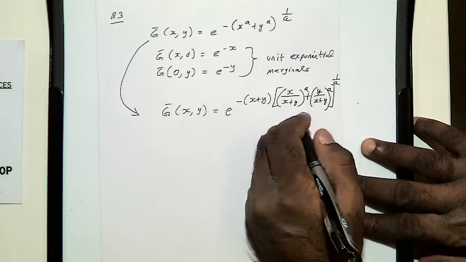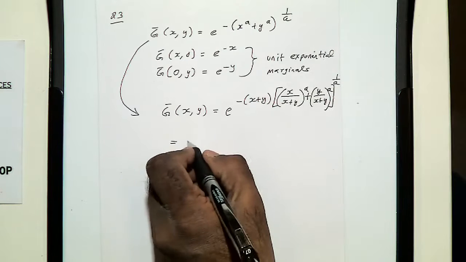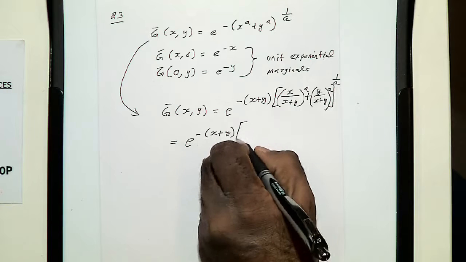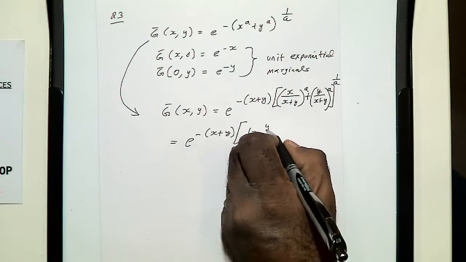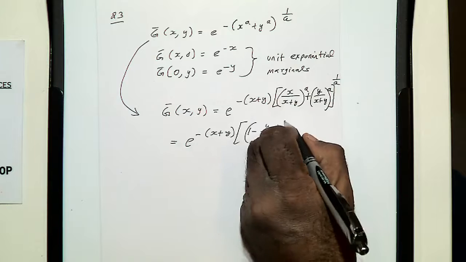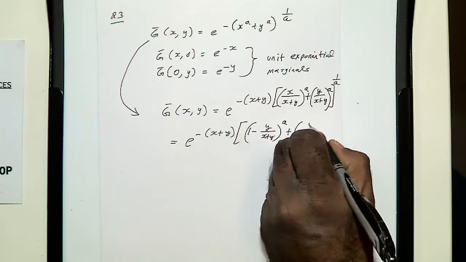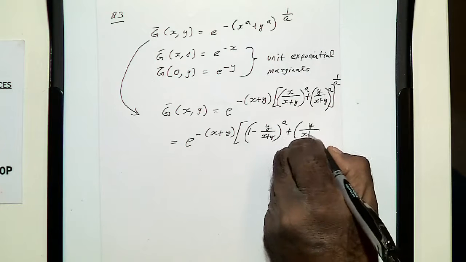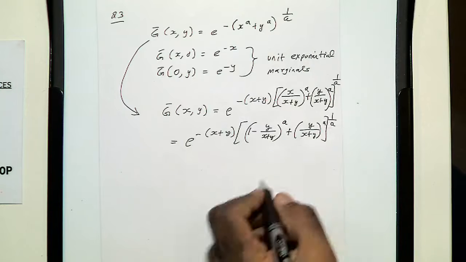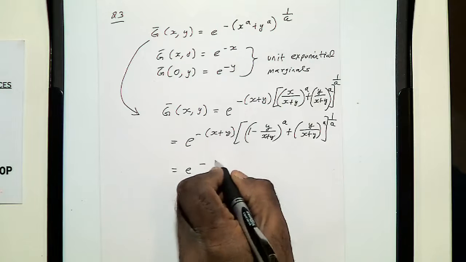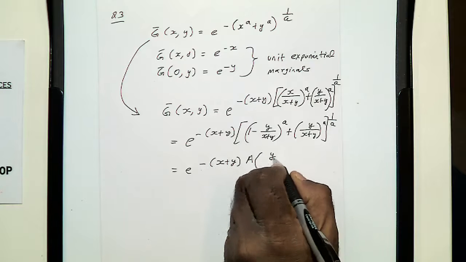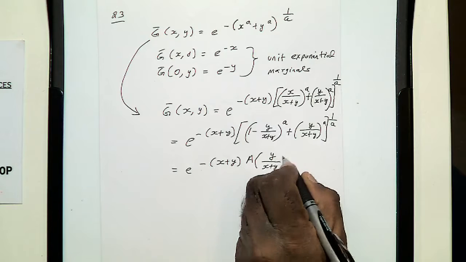Okay. Now this you can write further as e of minus (x plus y) times (1 minus y over x plus y). And this is clearly equal to something of this form.